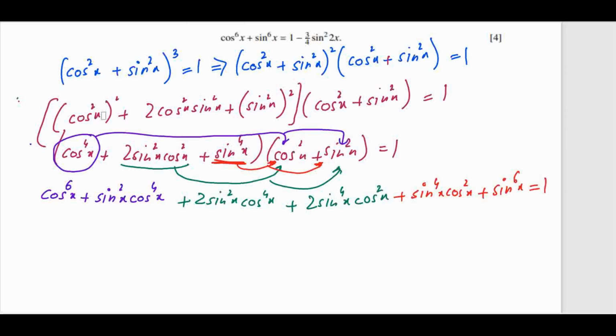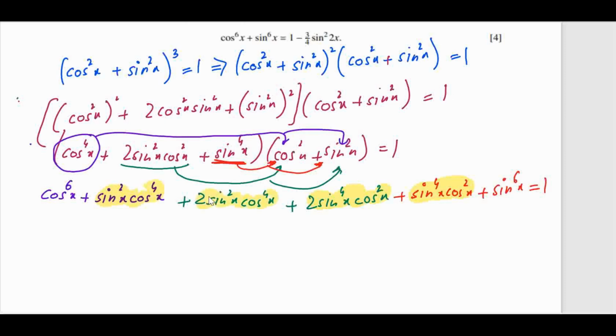Now we have to see the like terms. So these two are the like terms, these two are the like terms, and similarly these two are the like terms.